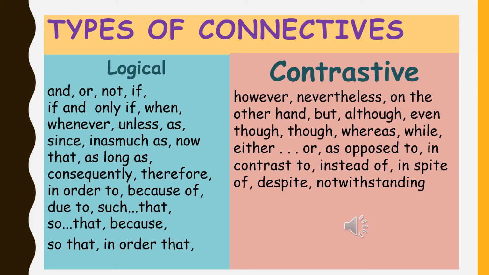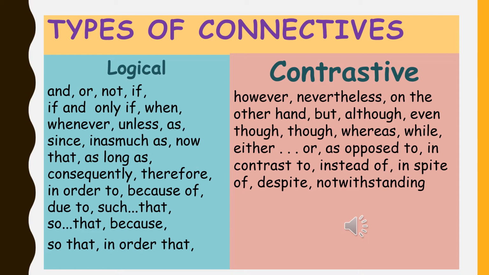There are many types of connectives, but today we will deal with mainly logical connectives and contrastive connectives. Logical connectives include and, or, not, if and only if, when, whenever, unless, because, as, since.